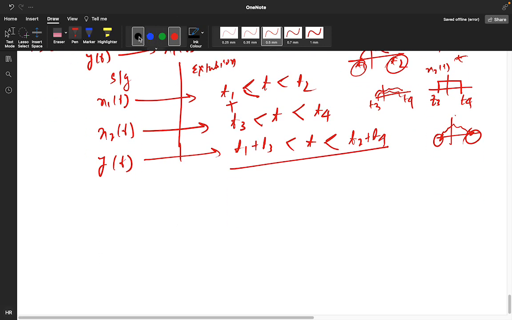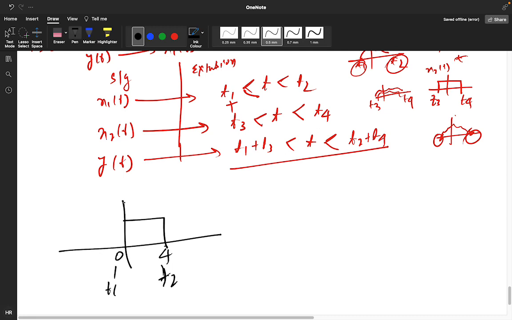Suppose you have a first signal, this is 0, this is 4, so this is my t1 and this is my t2, and the second signal is minus 1, 1, so this is my t3, this is my t4.